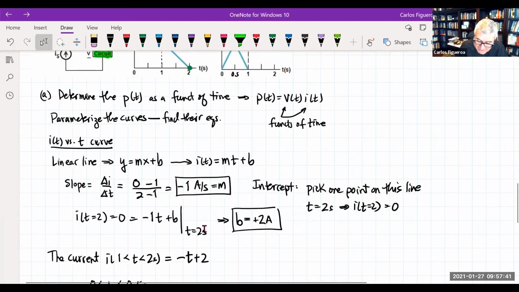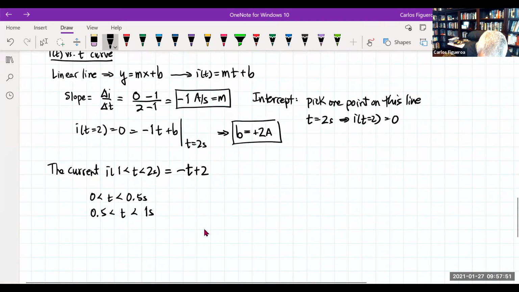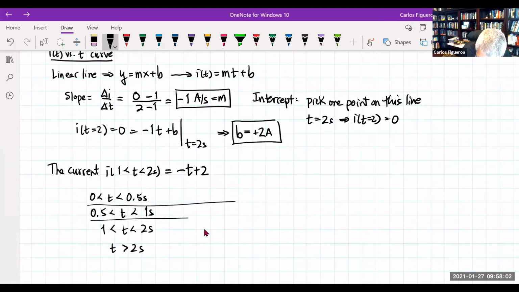I'm only going to do half a second intervals just because of the voltage here. But once I get to 1, I'm going to go from 1 to 2 right away. And then for anything for t greater than 2 seconds, I could just start to fill in my table here.